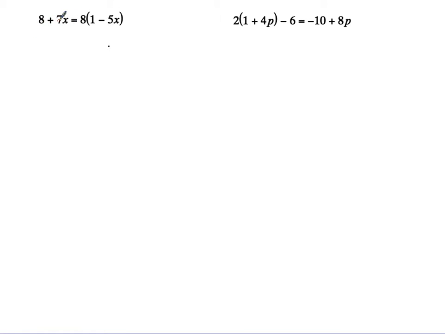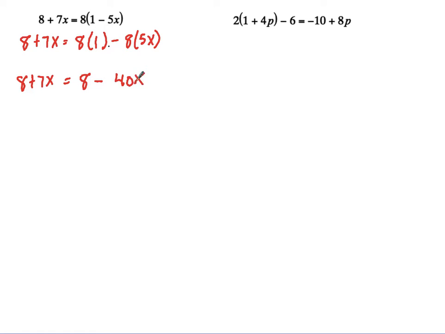So 8 plus 7x equals 8 times 1 minus 8 times 5x. So that is 8 plus 7x equals 8 minus 40x. 8 times 5 is 40.